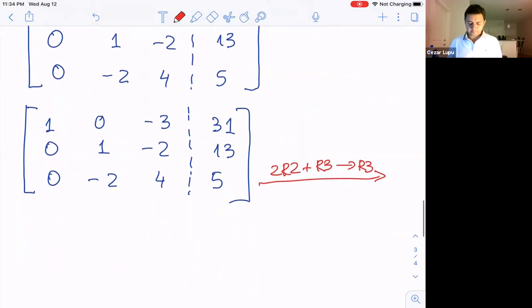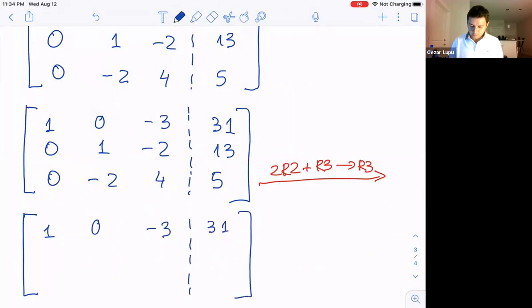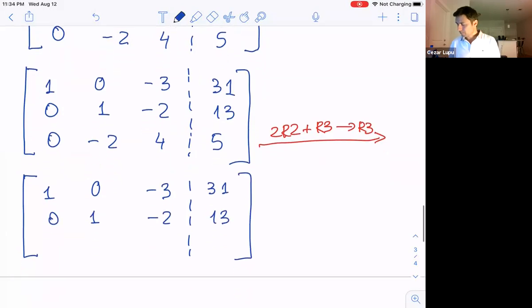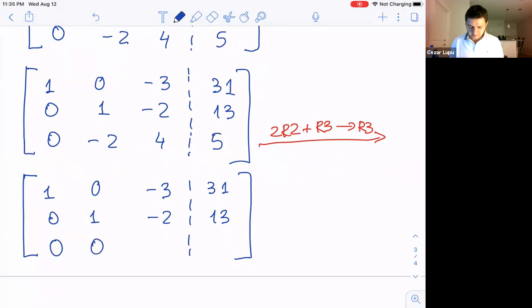And we'll get the following. 1, 0, negative 3, 31. 0, 1, negative 2, 13. And the last one, we said 2 times R2 plus R3, so we'll have 0, 0, 0, and 31.